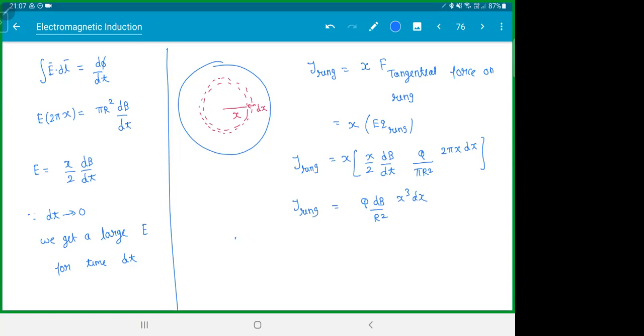But what you want is the torque on the disk. The torque on the disk will be the integral of torque on the ring. That will be q by r square into dB by dt. Remember, you're integrating x cube dx. This will go from 0 to capital R. This will be q dB r square by 4. The r square in the denominator will cancel out. And we know torque is nothing but dL by dt.